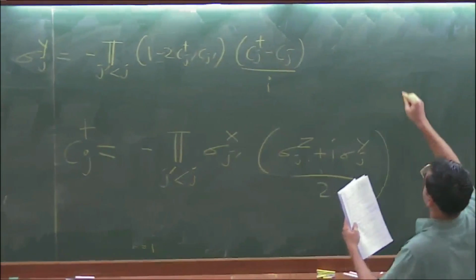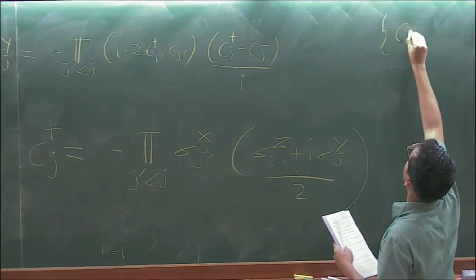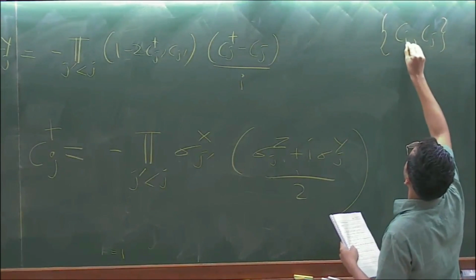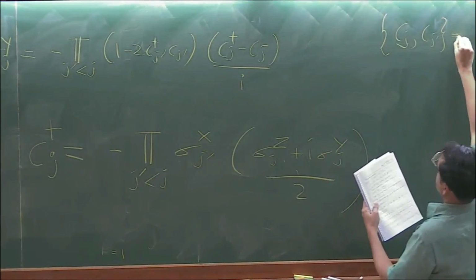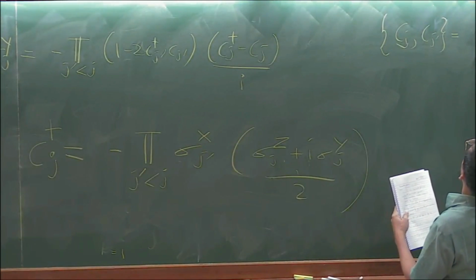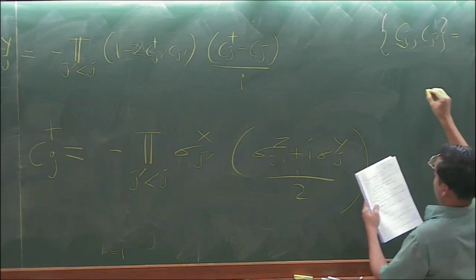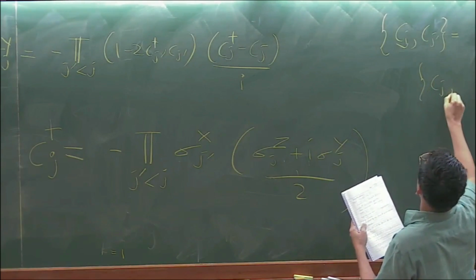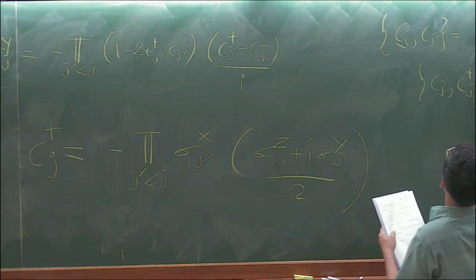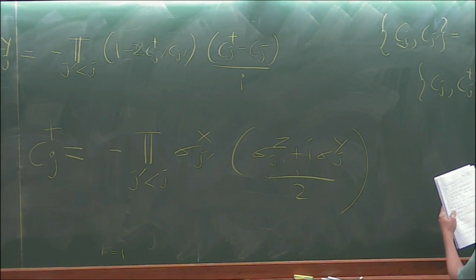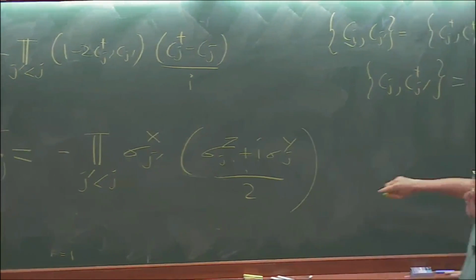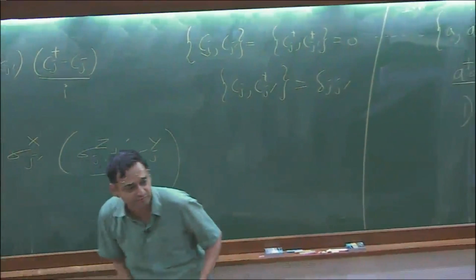So in formulae, this says the anti-commutator of C j and C j prime is equal to the anti-commutator of C j dagger and C dagger j prime, which is 0, and the anti-commutator of C j and C j prime dagger is delta j j prime. This follows, I claim, from this one definition, which you can check.